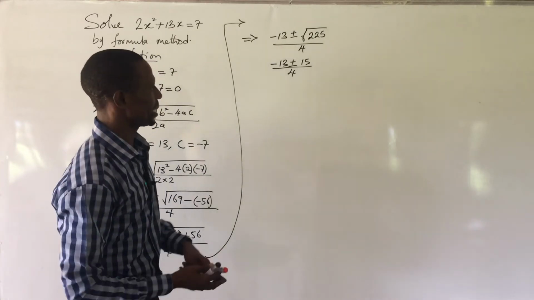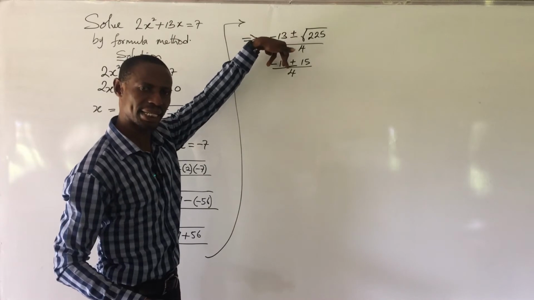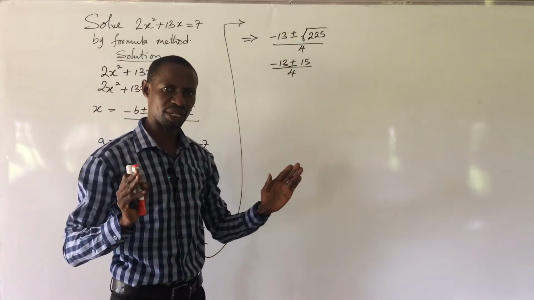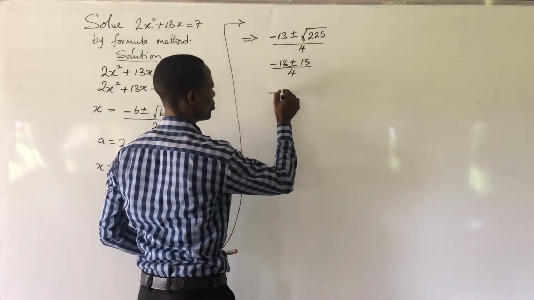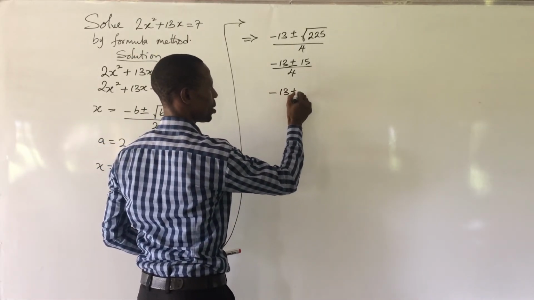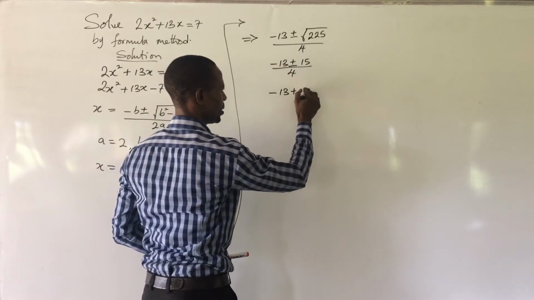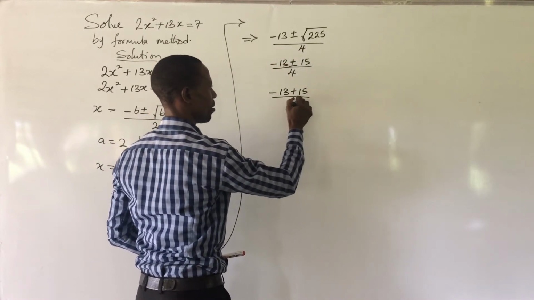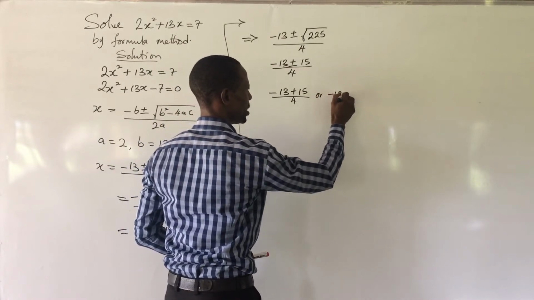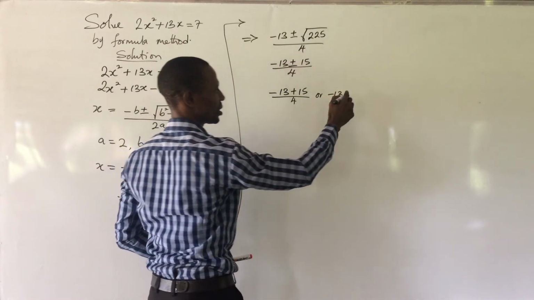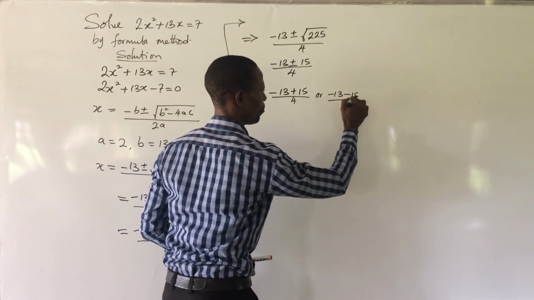Don't forget that here we are having a plus and a minus sign. So we have to split the plus and the minus sign we have in there. So this will now give us minus 13 plus, we take the plus sign that is up first, 15 all over 4. Or we have minus 13, this time we're taking the minus sign now, minus 15 all over 4.